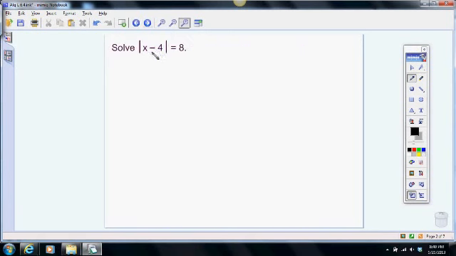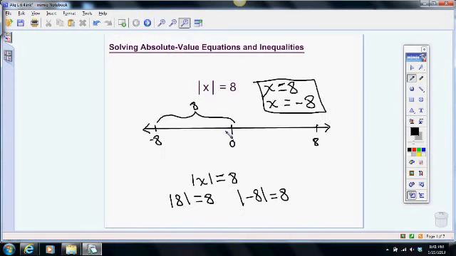Right here we have to solve the absolute value of x minus 4 equals 8. Remember, that means x minus 4 equals 8, but it also means that x minus 4 equals a negative 8. That's this idea here. Absolute value is the distance from 0.